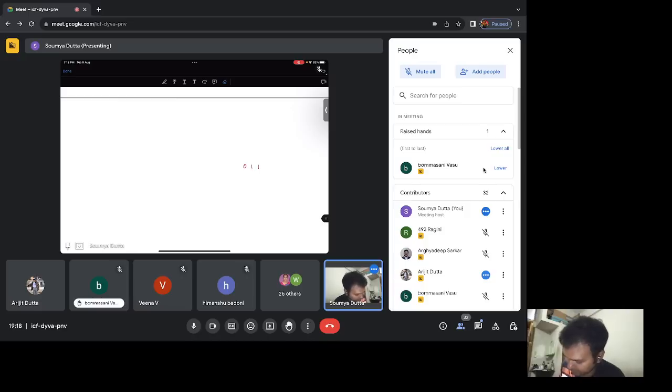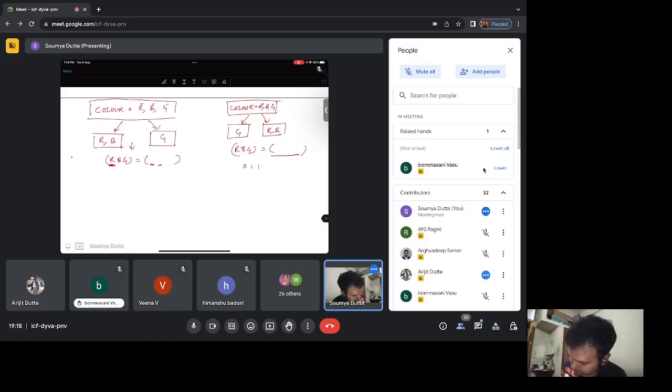Left is 0 and right is 1. Depending on that, what is red, blue, green in this case? It is 0 0 1. And what is red, blue, green in this case?